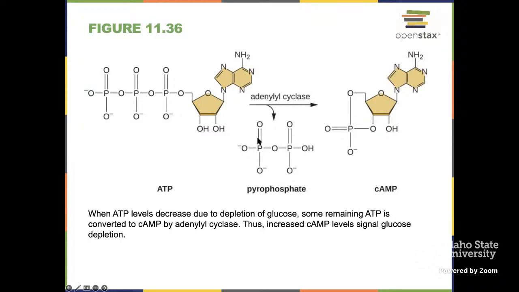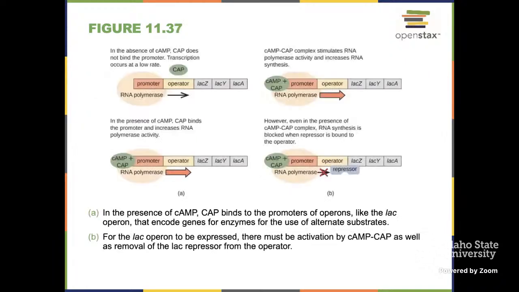Adenyl cyclase removes those phosphates, and then you've got this cyclic AMP. It's another switch, all right? And those cells are sensitive to cyclic AMP, stimulating them to recognize depletions in energy sources. Glucose has gone down. What are we going to do about it?